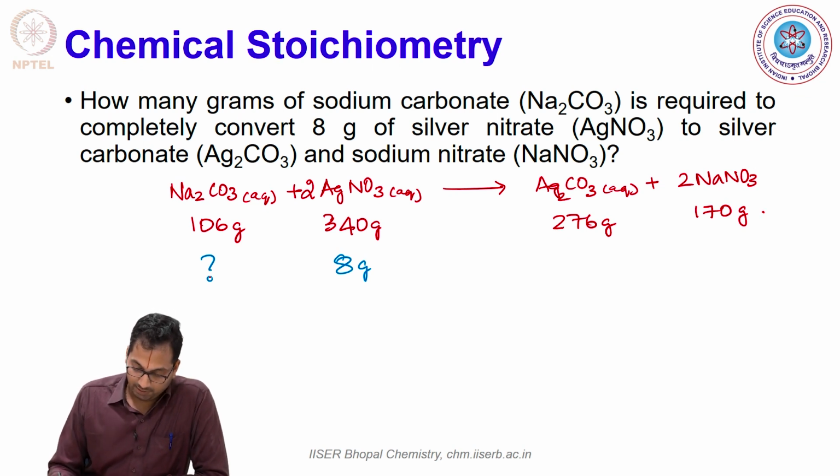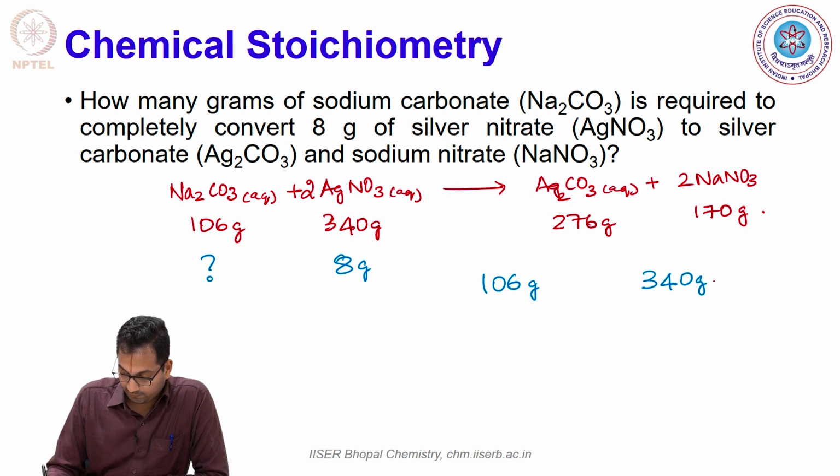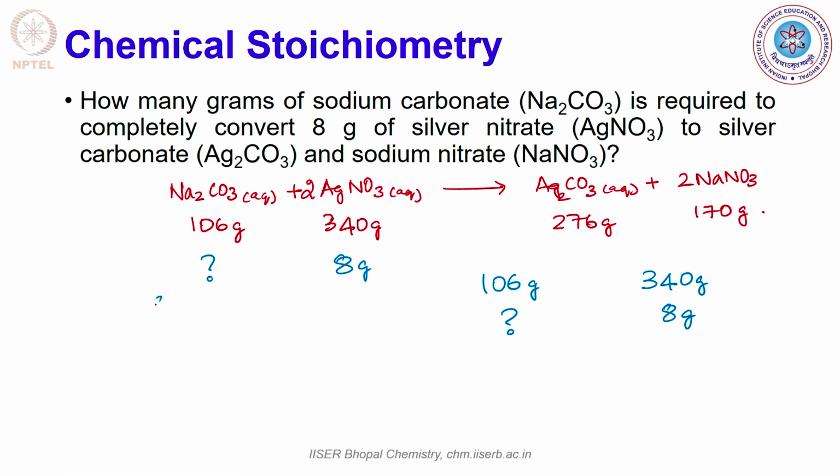For 106 grams, 340 grams is required. So, for 8 grams, how much is required? It is going to be equal to 8 by 340 times 106. That is going to be equal to 2.49 grams of sodium carbonate.